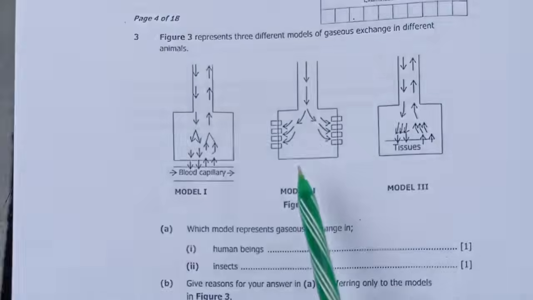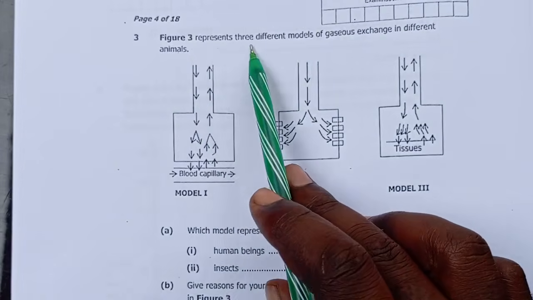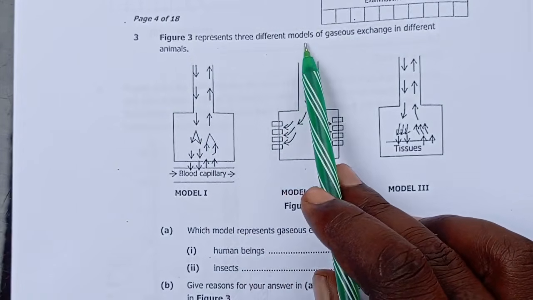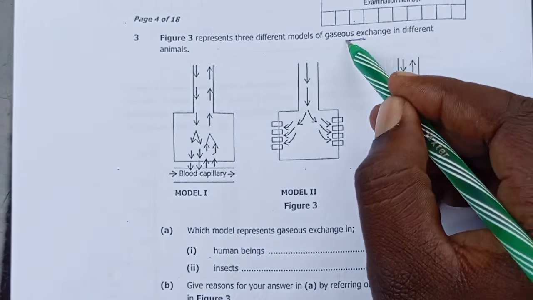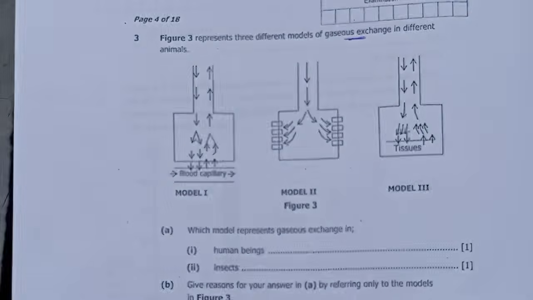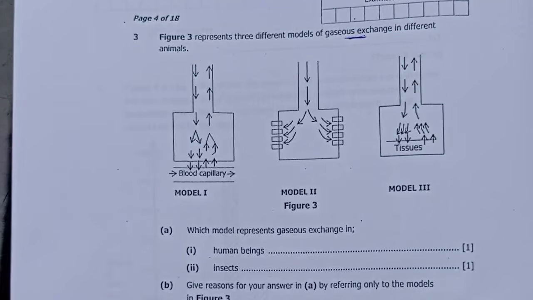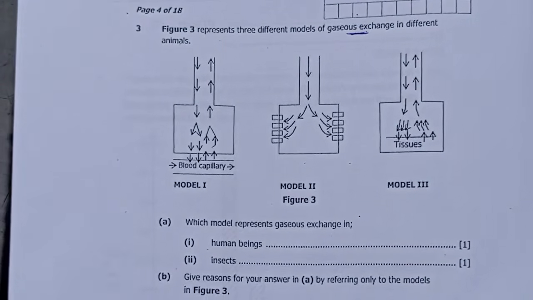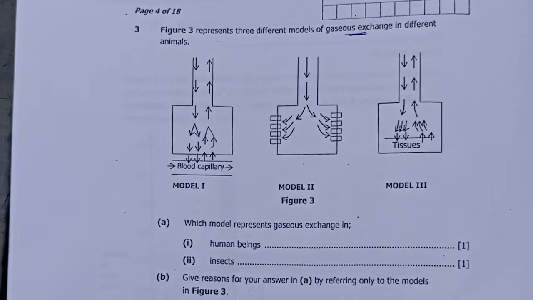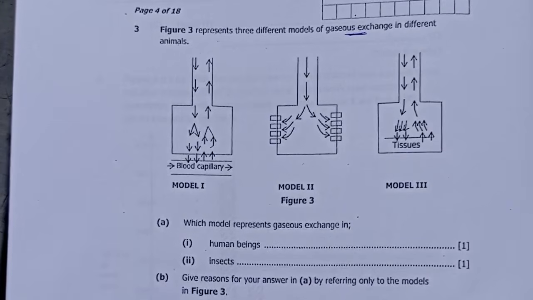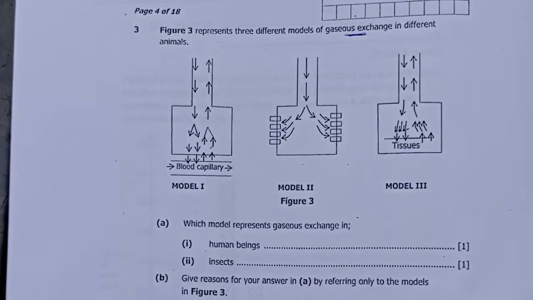Here, this question is saying figure 3 represents 3 different models of gaseous exchange in different animals. So here they are testing us on gaseous exchange, if we are able to differentiate how it occurs in different types of animals.